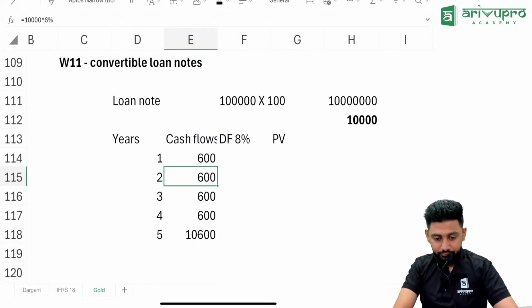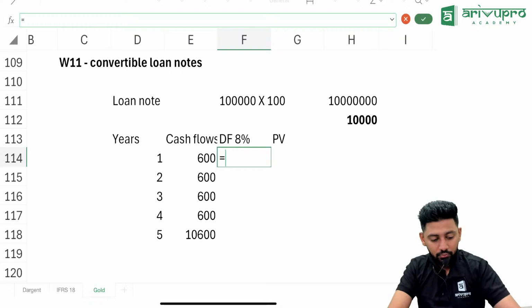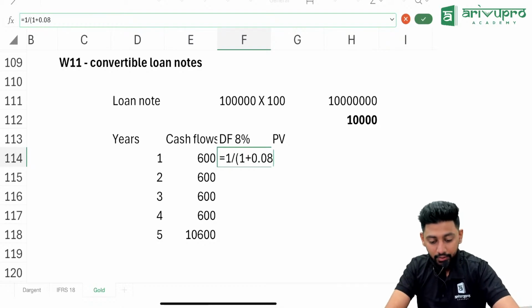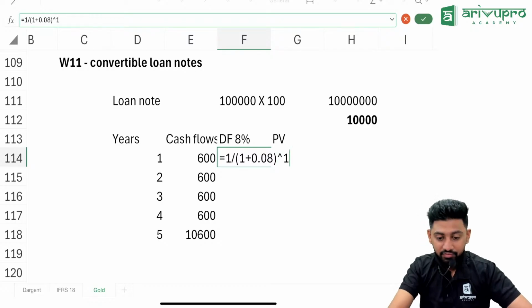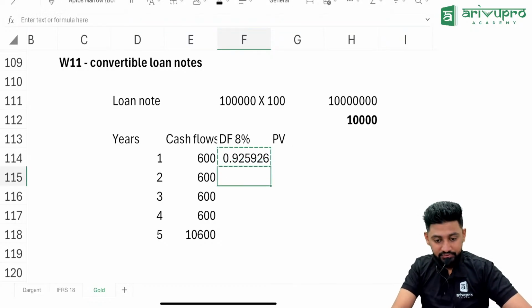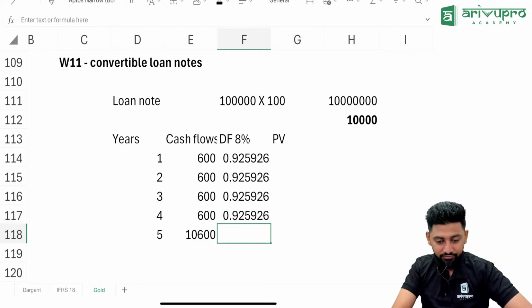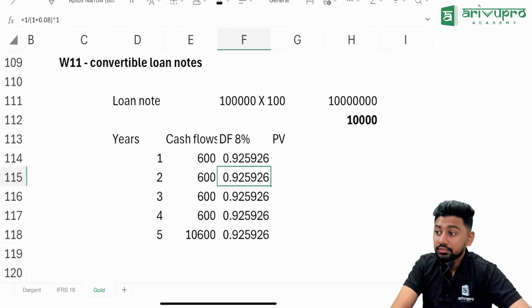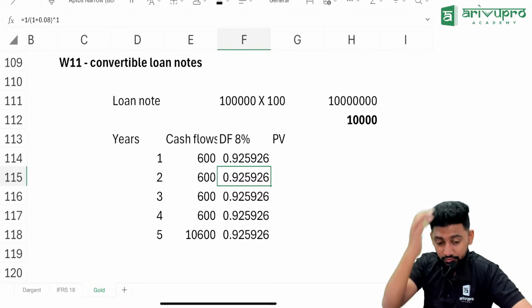10,600. Discount factor equals 1 over open brackets 1 plus 0.08 to the power 1. First year, second year, third year, fourth year, fifth year. Yeah. Coming there.